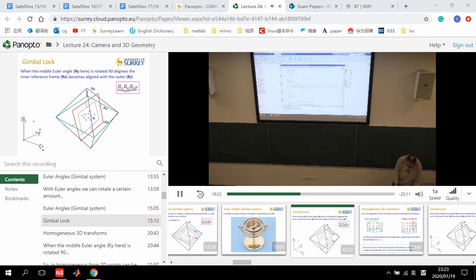But then look what happens if I put the t here on the theta x. Exactly the same thing. Yeah? So the system is in gimbal lock, and we've lost a degree of freedom.